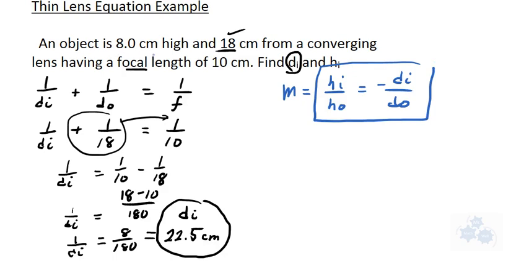An object is 8 centimeters high, so that means we have 8 in the ho part. We don't know what the hi is, right? That's what we're trying to find. Negative, the di is 22.5, and the distance of the object we said was 18.